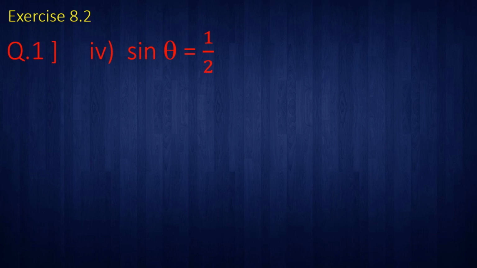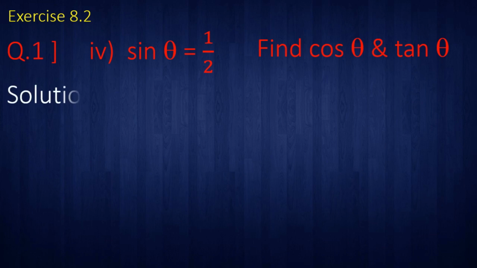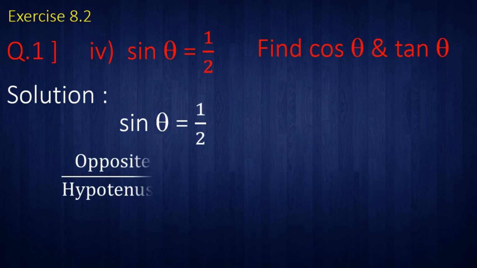Now students, 8.2 question number 1, fourth part we are taking. Sin theta is equal to 1 upon 2. Sin is given, so we have to find cos and tan. Solution: sin theta is given 1 upon 2. Sin means opposite upon hypotenuse. So opposite side upon hypotenuse is equal to 1 upon 2. Let's draw the triangle.